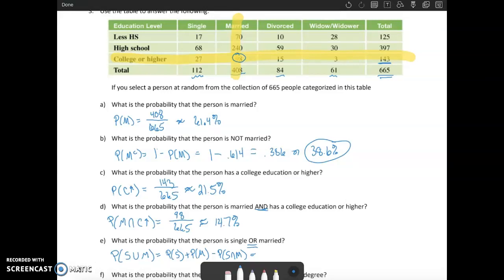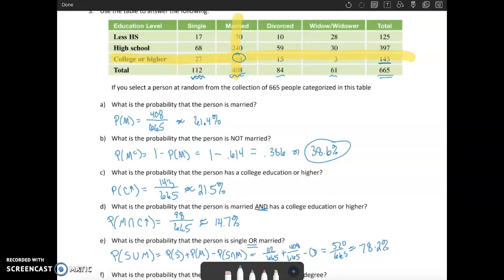Well, no, you can't. So this will end up subtracting 0, but that's okay. The probability of single is 112 out of 665, plus the probability of being married, 408 out of 665, and there's no way to be both at the same time. So this gives us 520 out of 665, which equals about 78.2%.